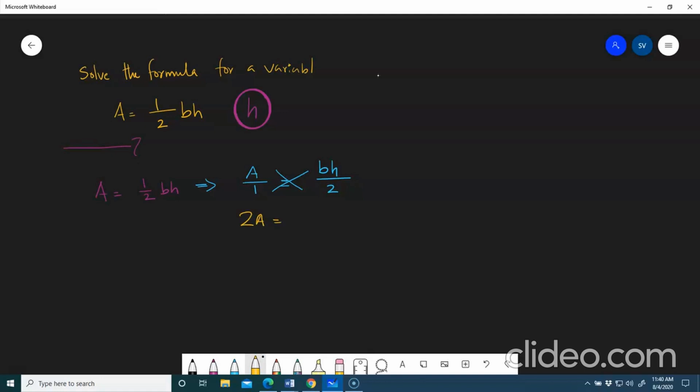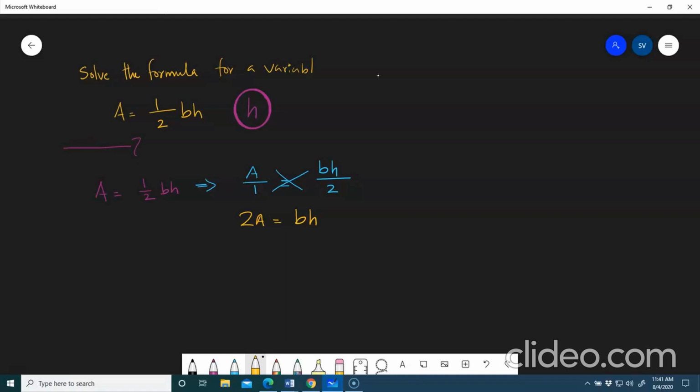2a equal to 1 times bh, which is bh. So now we are out of the fractions; both sides have real values. So what is our question? We need h as the subject of the formula, or we need an equation in the form of h equal to something.